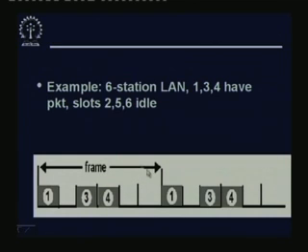This kind of frame sequence keeps on repeating. So, in each frame 1 will have a slot, 2 will have a slot which is going idle, 3 will have a slot, 4 will have a slot, 5 and 6 also have slots which are again going idle and so on. So, this is a TDMA system.